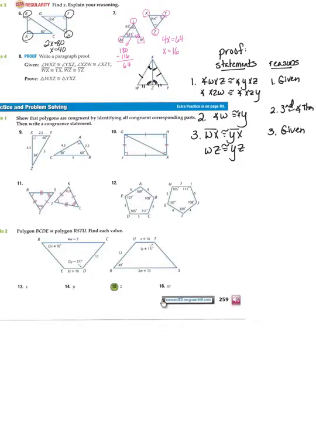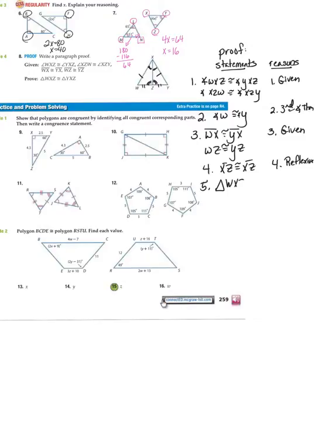Now, it's that third side I've got to come up with that's the same in the left and the right because I have to document it in my proof. And that's that shared or common side again. So XZ in the left triangle is congruent to XZ in the right because of reflexive. Now I've got all 6 pieces of the left congruent to all 6 pieces of the right.